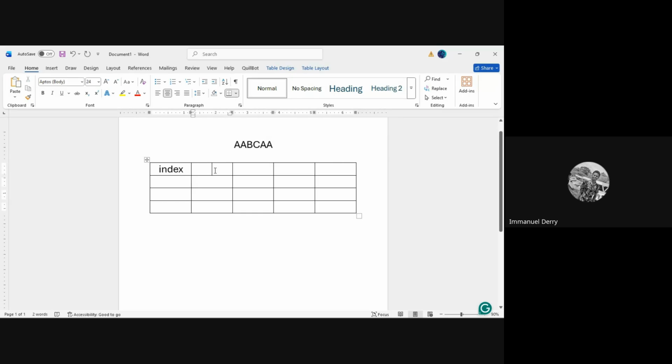And this is going to be the substring, and this will be the start versus end.